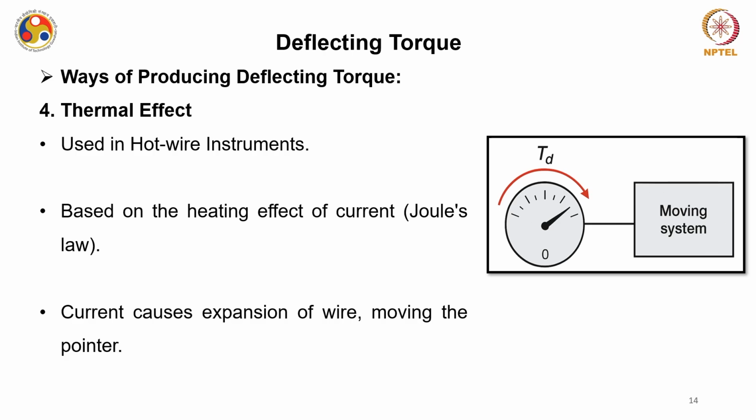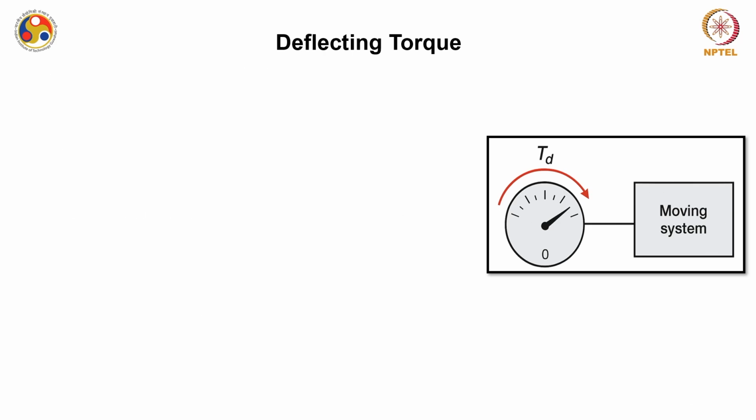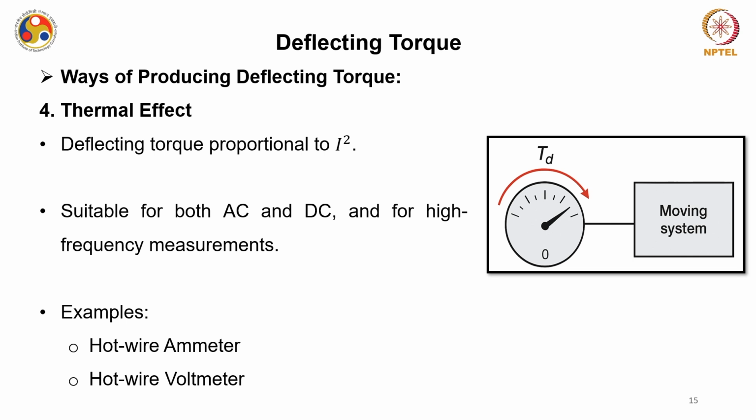This was one of the techniques that we have seen for the thermal effect. There were other methodologies also for developing instruments based on thermal effects. So, the current causing expansion of the wire actually moves the pointer. That's how we have described hot wire instruments in our previous classes. So, this is nothing but a thermal effect.